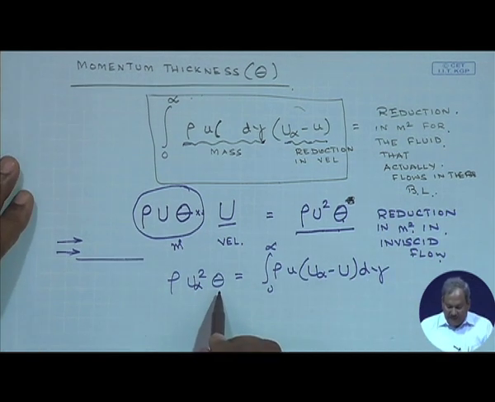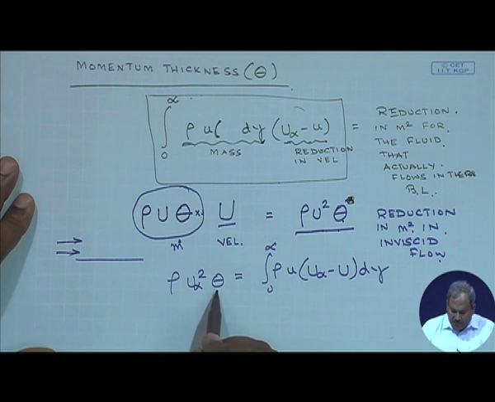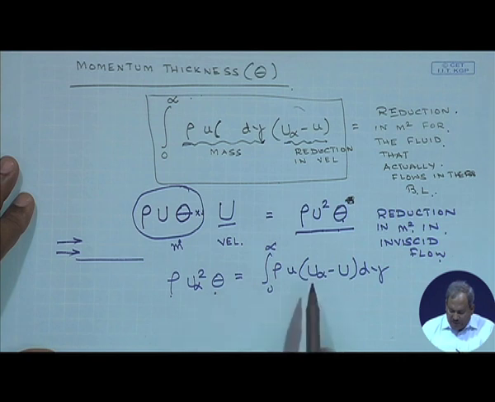So theta is termed as the momentum thickness when the reduction in momentum flow in an inviscid flow case is equal to the reduction in momentum of the actual mass flow that is taking place in a viscous boundary layer.